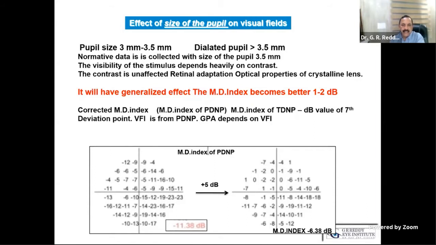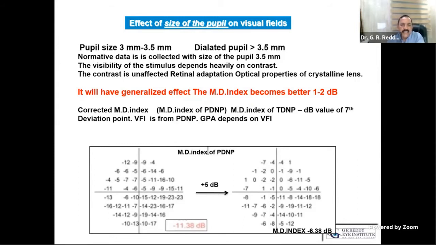We are suspecting glaucoma with an undilated pupil, and all the investigations should be done on the same day. We cannot take IOP, central corneal thickness, because we touch the cornea, and we can't do gonioscopy because we have to touch the cornea. Then we want to do the fields, and we have to take the fundus photograph. There are more practical problems.